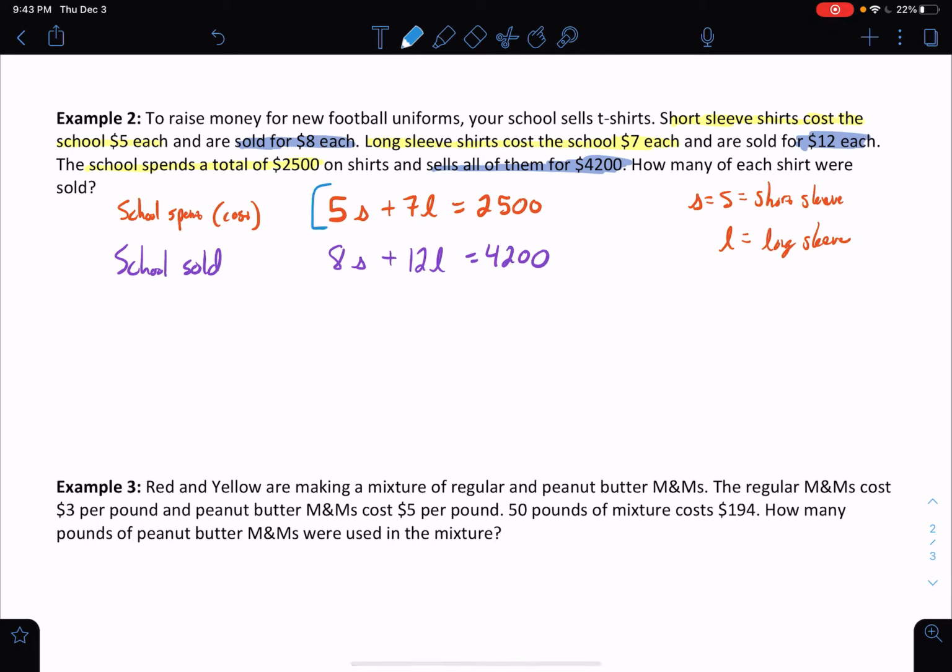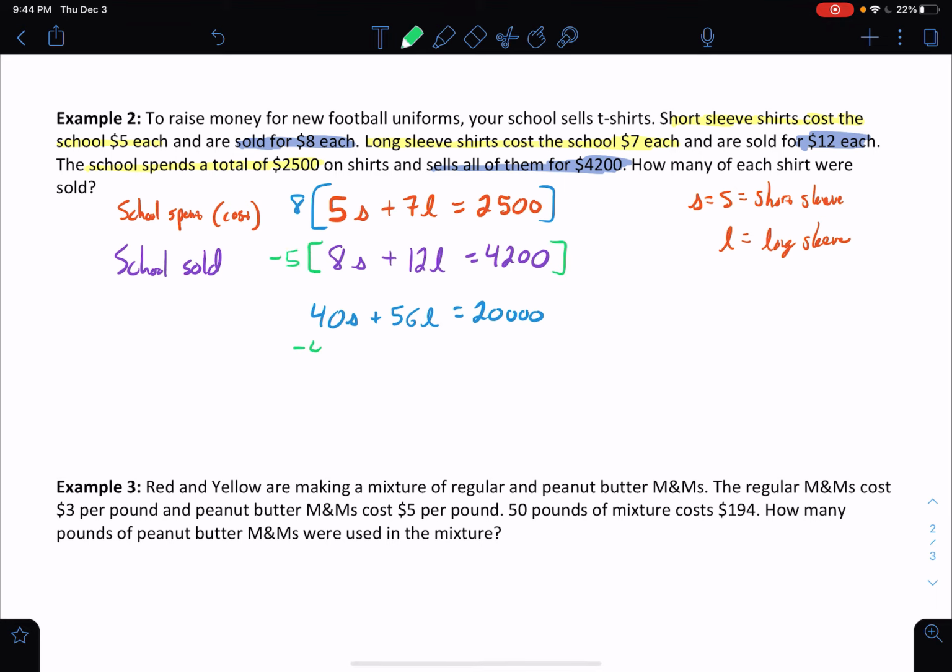So I'm going to multiply the first equation by 8. That's going to give me 40S plus 56L equals, and then 2,500 times 8, which is going to be 20,000. So we just manipulated the equation by multiplying it by a number. What do I need to multiply the bottom equation by? I need to multiply that by -5.